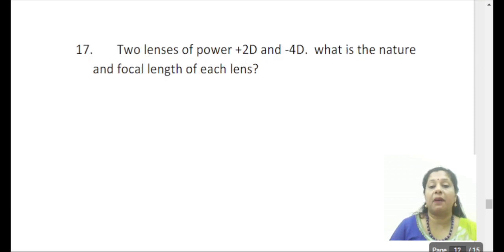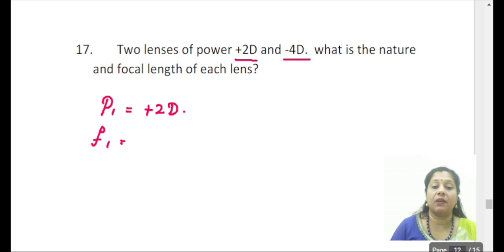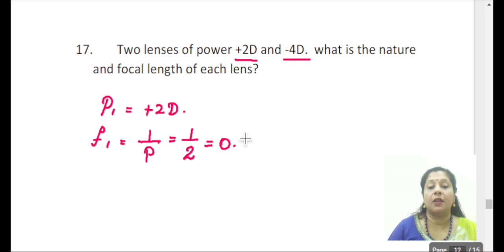Two lenses of power plus 2 diopter and minus 4 diopter. What is the nature of the focal length of each lens? So here first we have to find out, power 1 is equal to plus 2 diopter. So focal length also we have to find out. F1 is equal to 1 by P, that is 1 by 2, 0.5 meter is equal to 50 centimeter.